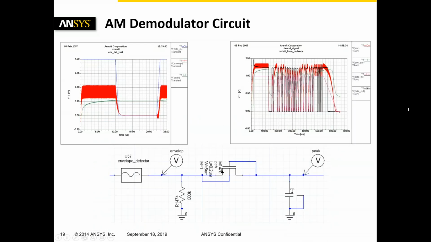For the AM demodulator circuit, the schematic right there is the general schematic for the AM demodulator, for the signal coming from the reader. So the envelope detector at the beginning of the circuit is basically just a rectifier with a relatively small time constant.